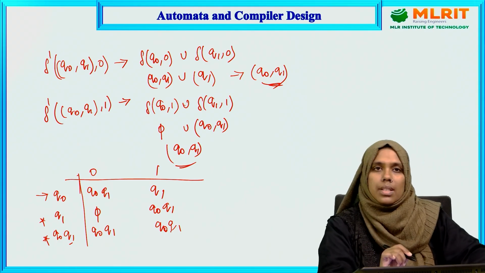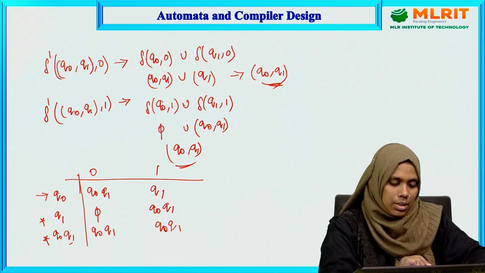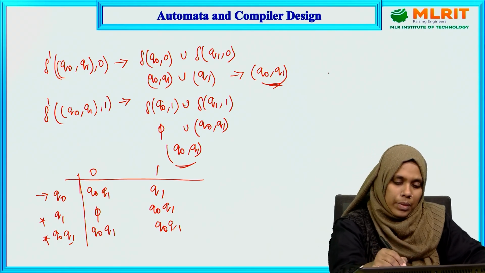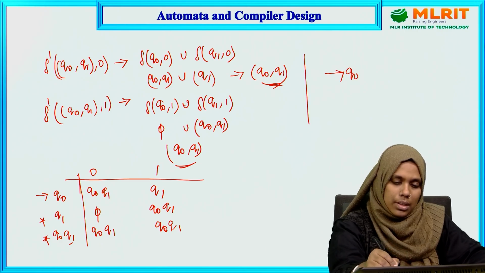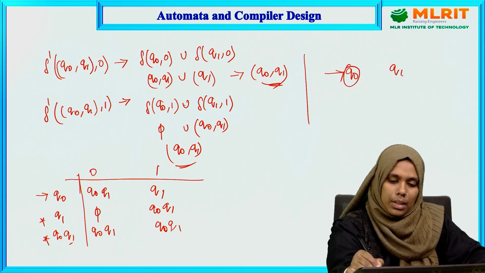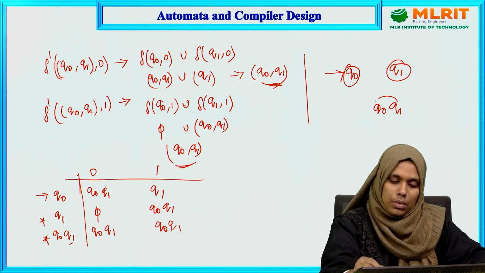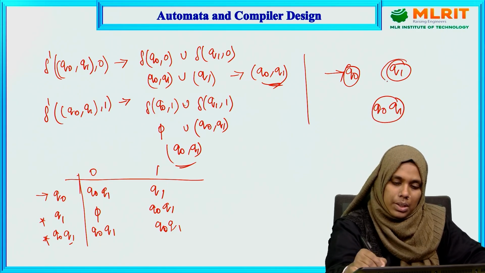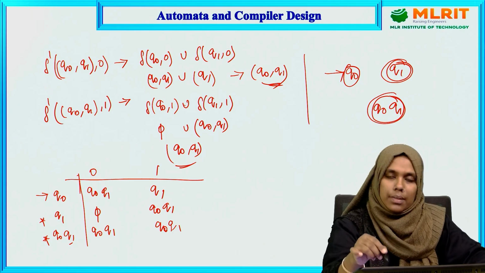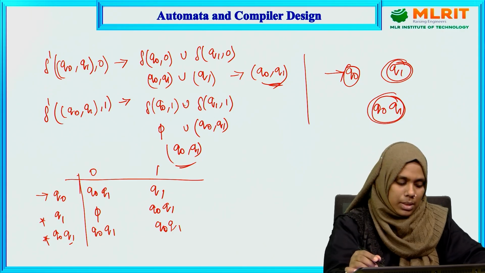So this is the transition table for the transition function. Now the final output. So the final output consists of what? Three states: q0, q1 and q0 q1. What are the final states? q1 as well as q0 q1. For the final states, we make a double circle.